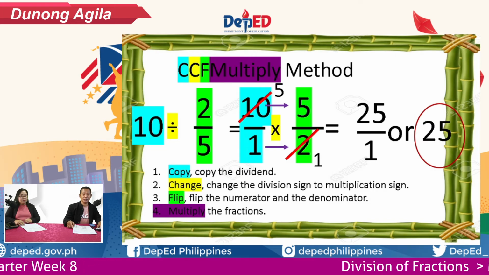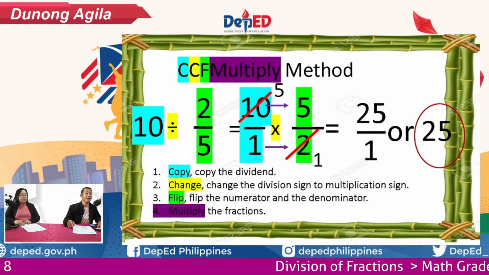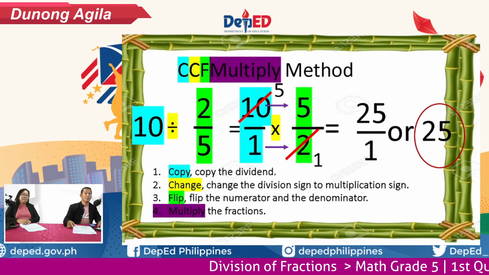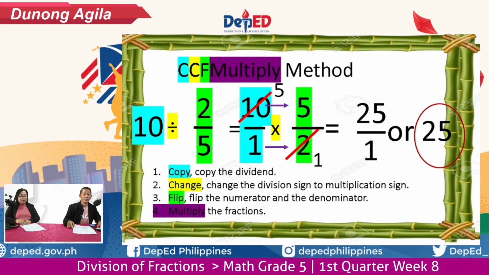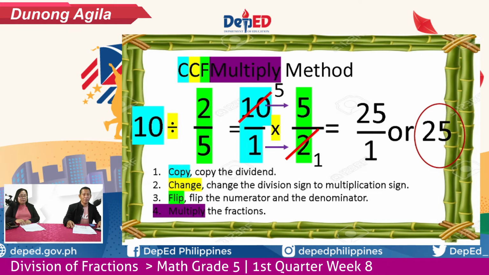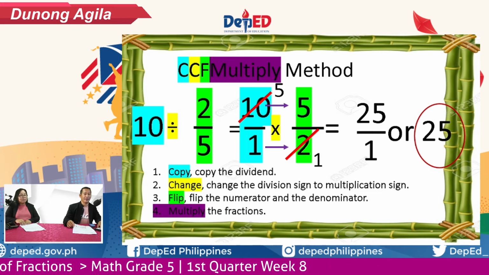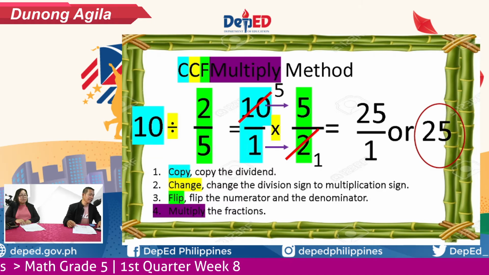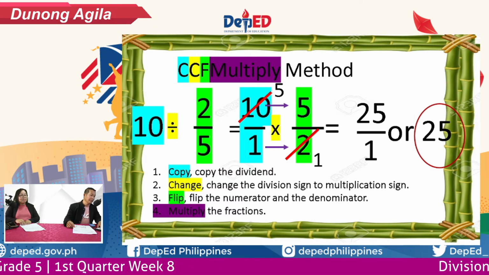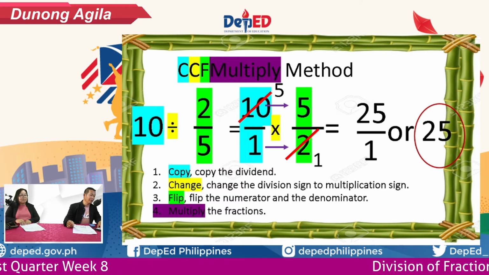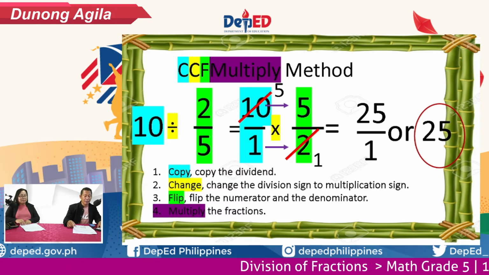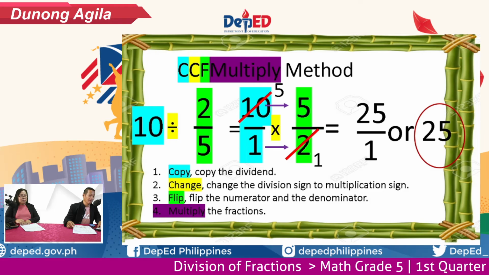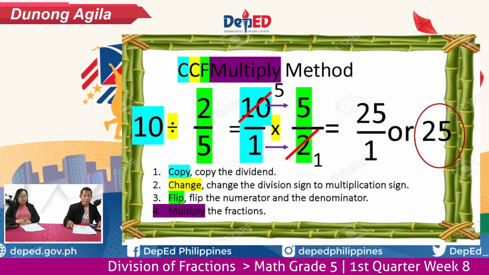The next C is for change, changing the division sign to a multiplication sign, shown by the yellow color. Third, we have to flip. What shall we flip? Of course, our divisor, giving the reciprocal of 2/5, that becomes 5/2. And then, lastly, are we going to multiply now?